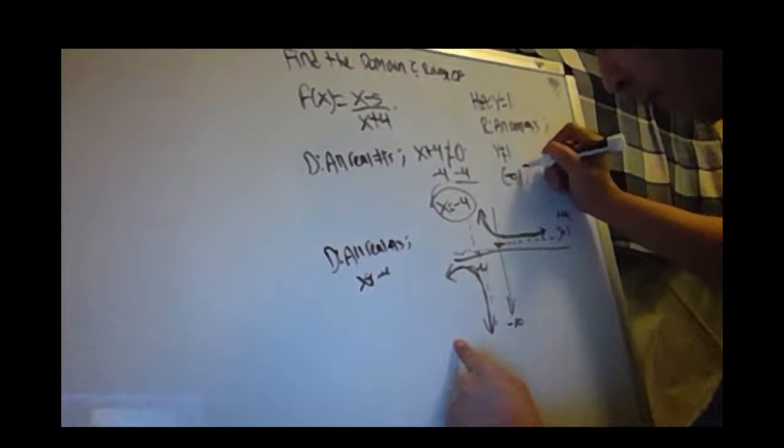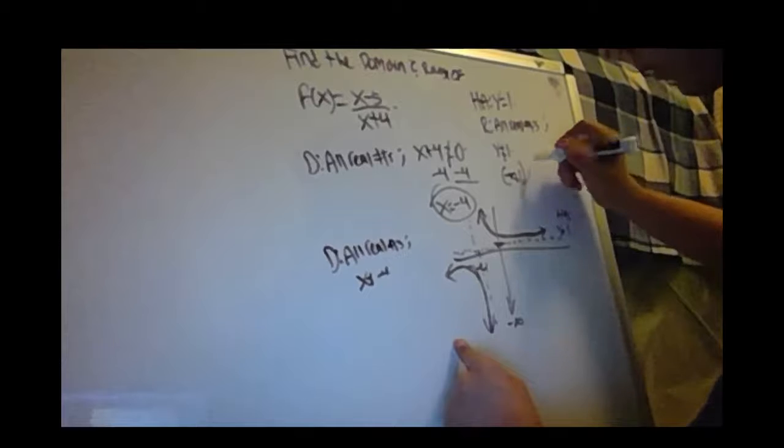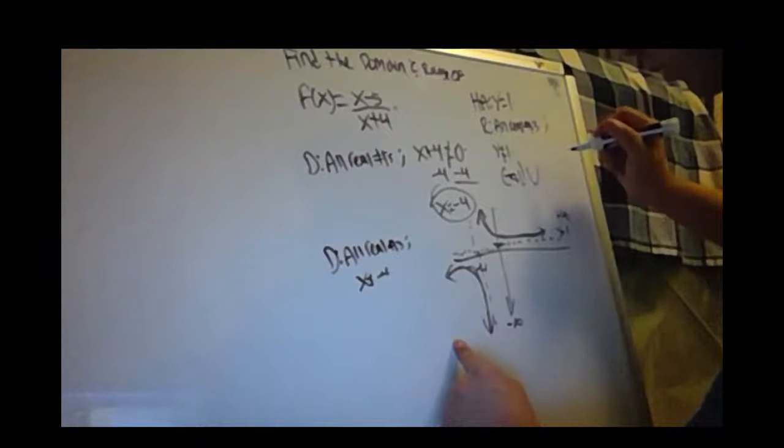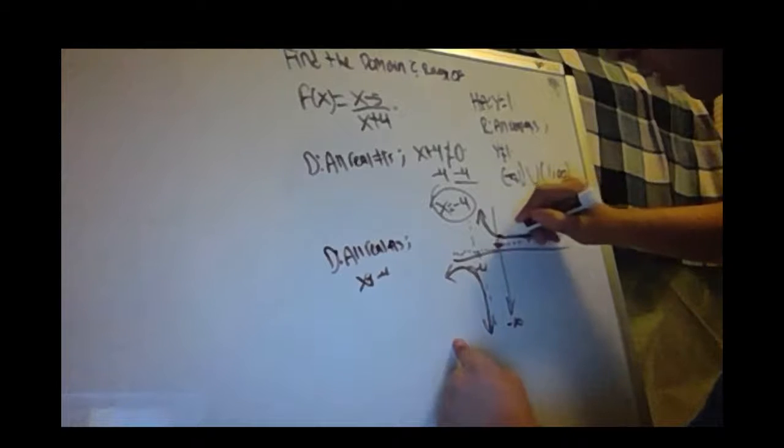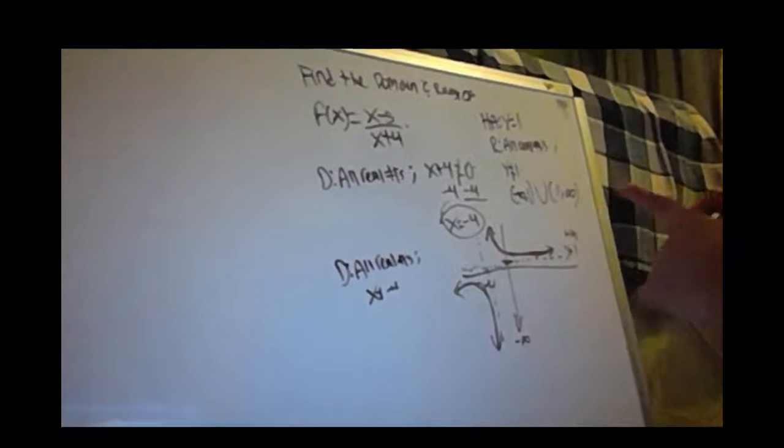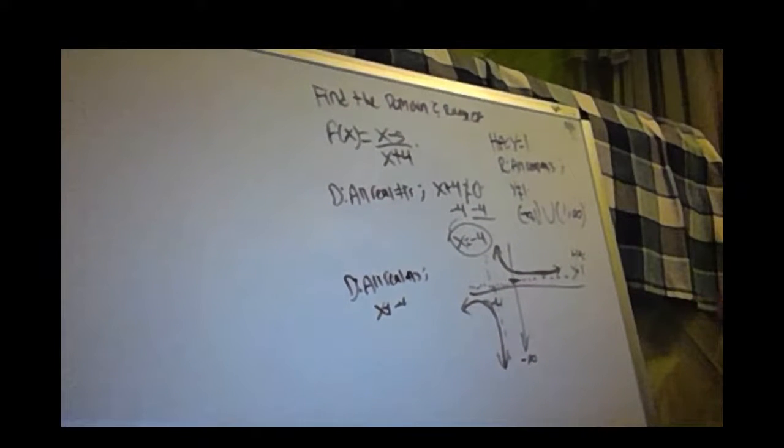That's why we're putting a parenthesis. And then union 1 to infinity. It's going from 1 all the way to infinity, okay? That is how you find the domain and range of a rational function.